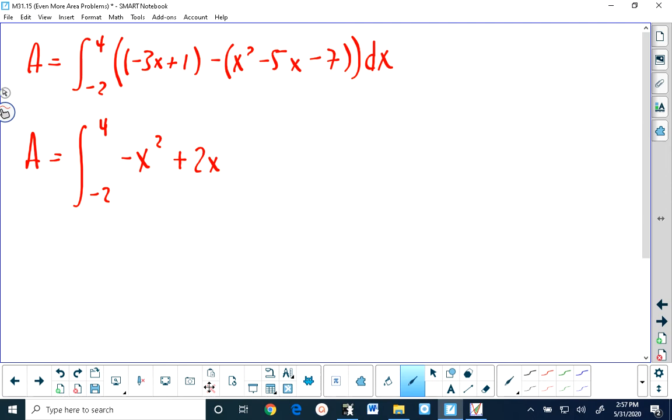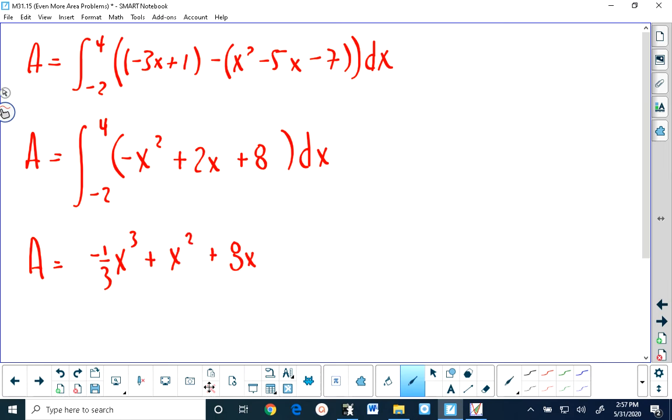Then I'm going to have 1 minus negative 7, which is plus 8. Now I can anti-differentiate. So I'm going to have negative 1/3 x cubed plus x squared plus 8x evaluated from negative 2 to 4.